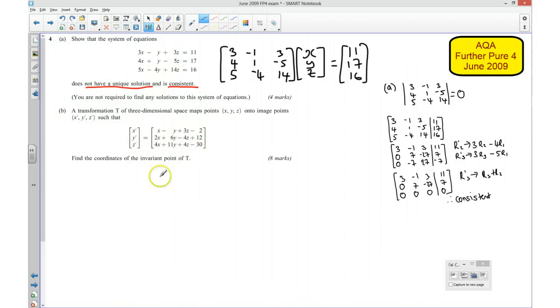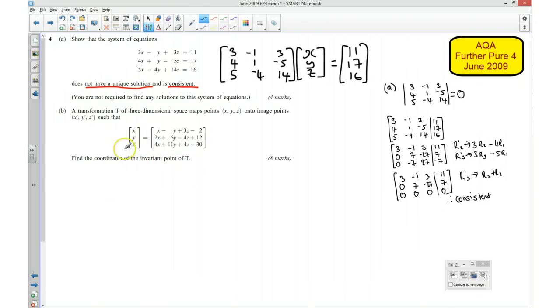Now, in order for me to find the invariant points, what I want to happen is I want my new point of x, where I take my old point of x, etc., to be exactly what it was to start with. I want my new point of y to be exactly what it was to start with, and my new point for z to be exactly what it was to start with, and that will tell me what the invariant point will be.